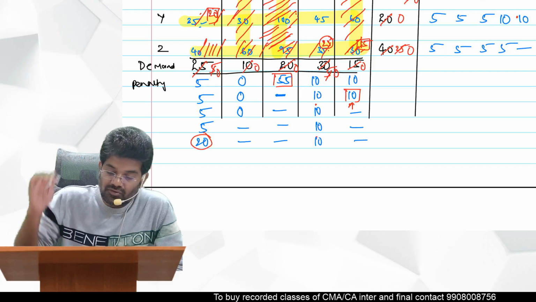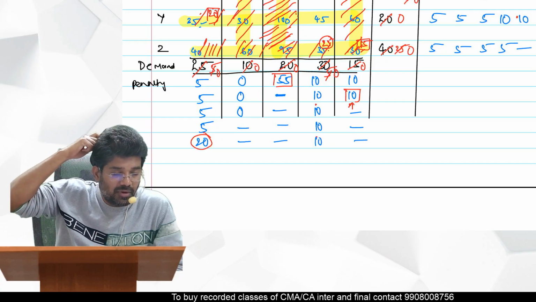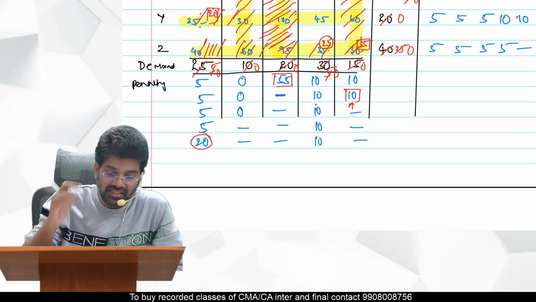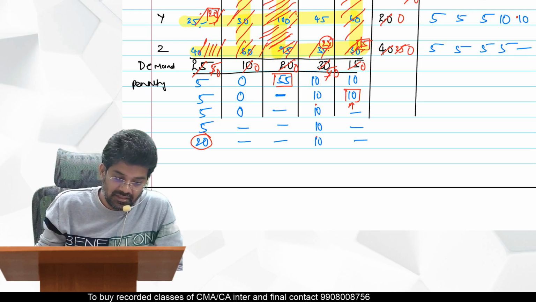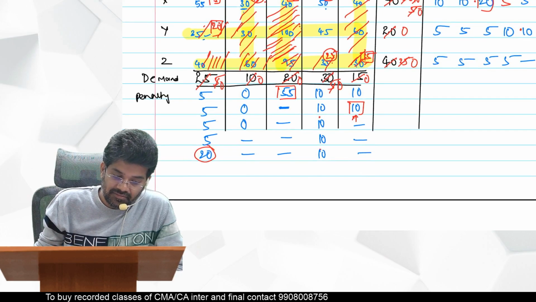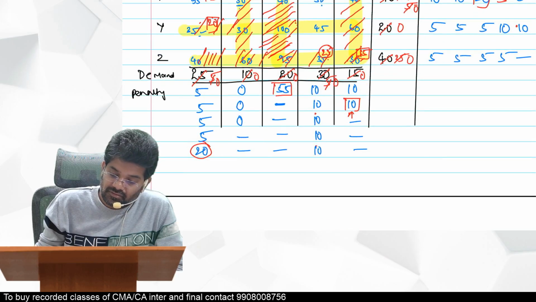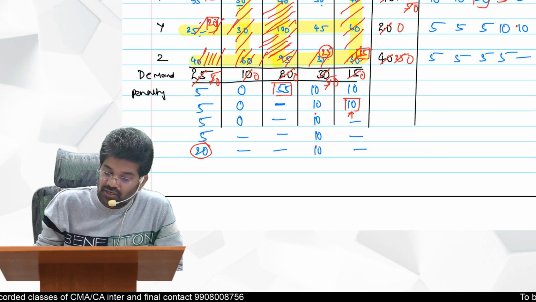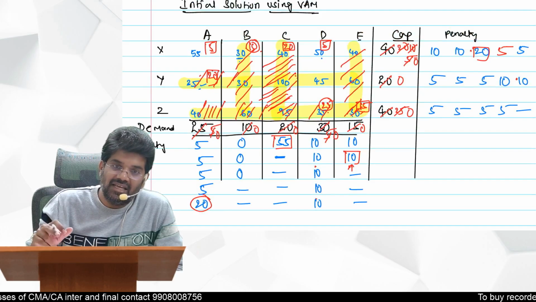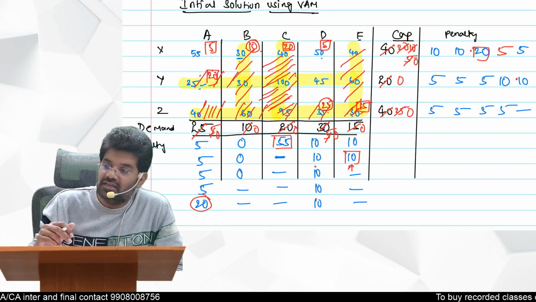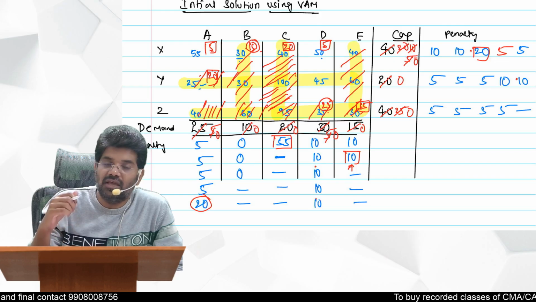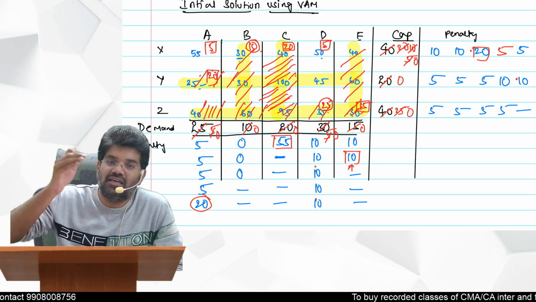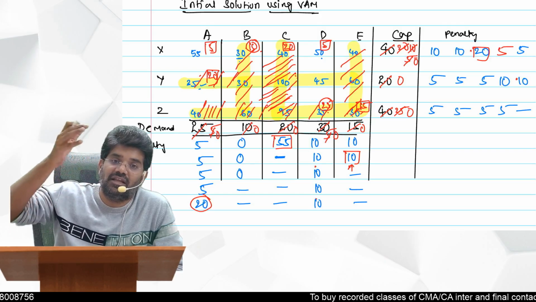Now we have to go to optimality test. Before we perform optimality test, one preliminary check is there. But first, whenever there is a tie among penalties, then we should take the penalty where we can get least cost. If there is a tie among least cost also, then we have to check where we can allocate maximum quantity.